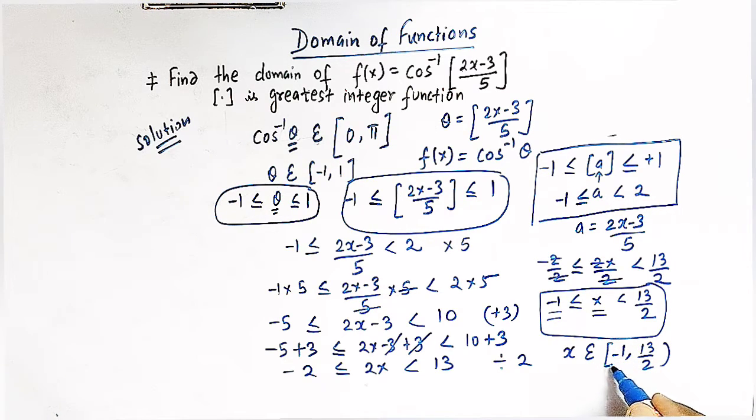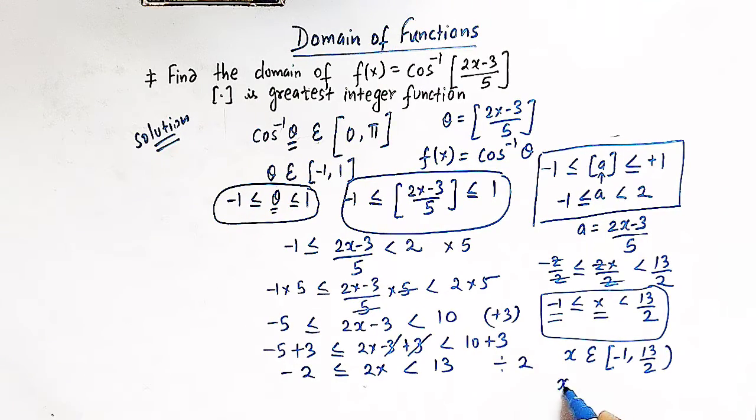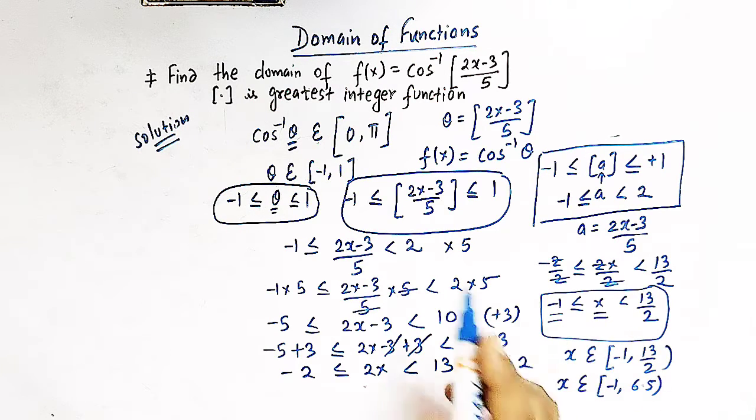So this is closed from this end and open from this end. So now this interval can also be written as minus 1 to 6.5. So all the values of x which lie in this interval give us our domain.